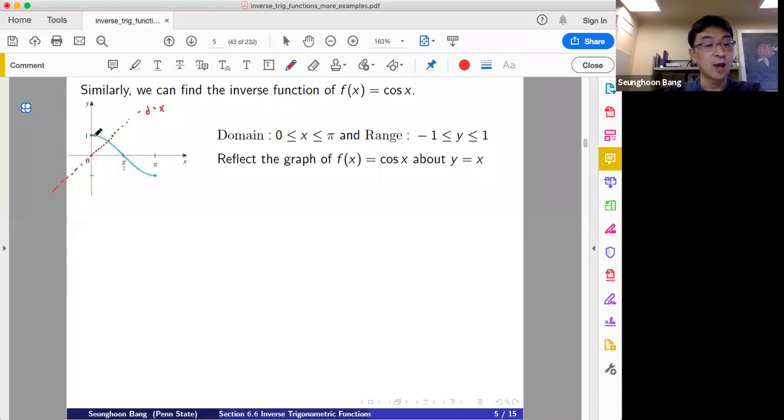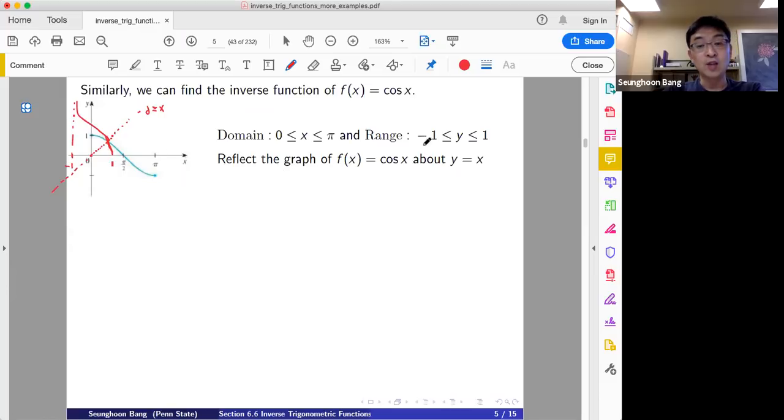You have to reflect this blue graph about the dotted line y equals x. So this blue one is going to here, and this remaining blue one is going to here. Connected this way. This is 1, and this value is minus 1.